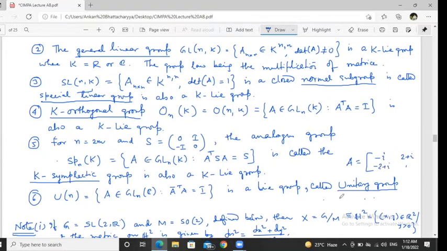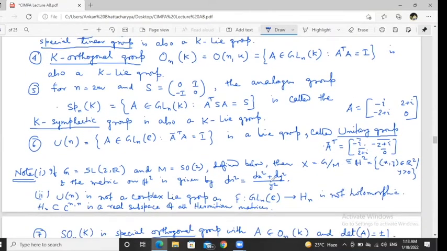We take this case. And the conjugate transpose of this will be written accordingly. If the product of these equals I, then it is a unitary group.